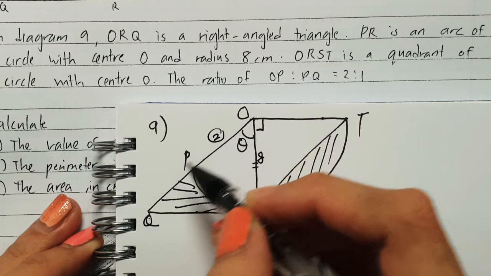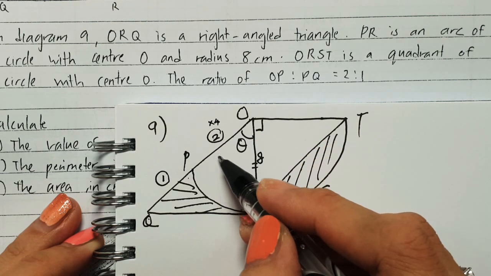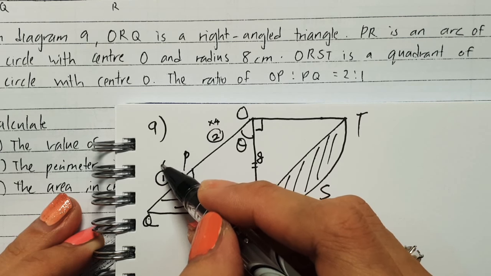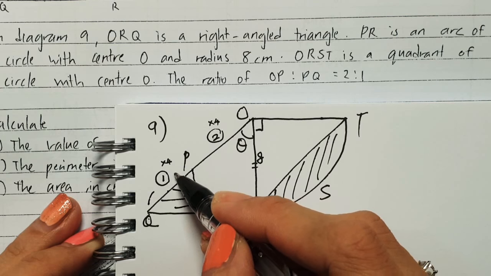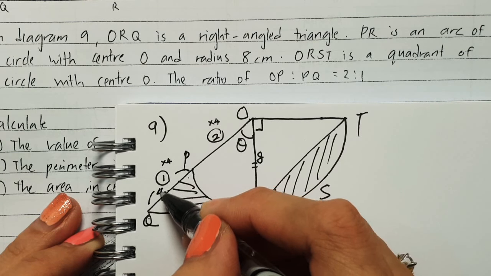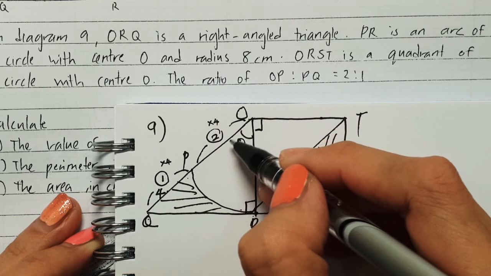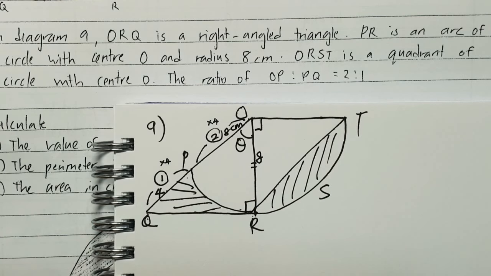We know that this one is 8, so we need to times 4 to give us 8, isn't it? So 1 part also we times 4, we will have this one to be 4 cm. So this one will be 8 cm. So we get this information.